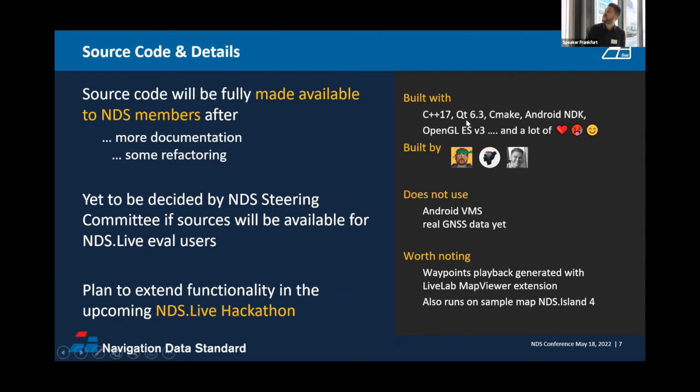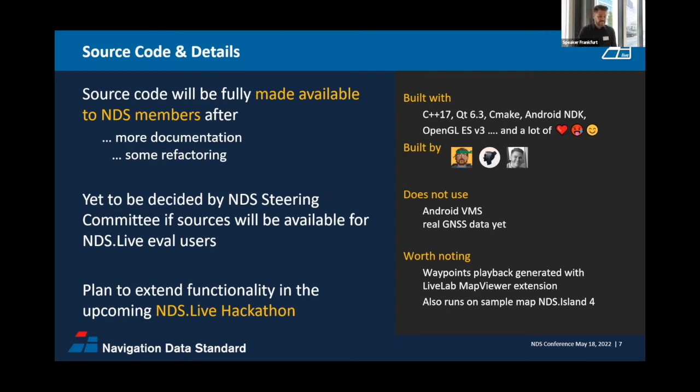So some details, what you can see here, it's built with C++ and Qt. It uses OpenGL. It's been basically built by 3 people with a lot of heart, sweat, and tears.